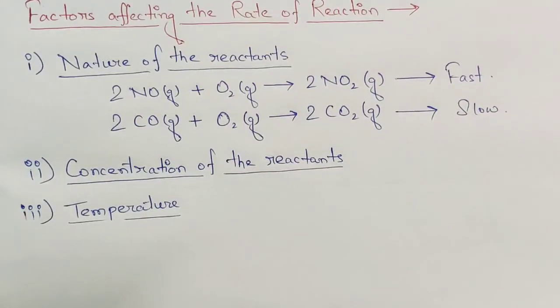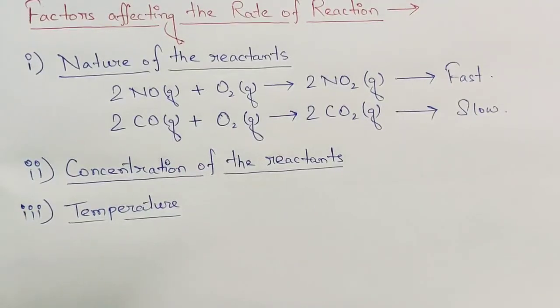In general, with increase in temperature, the molecular kinetic energy increases, so the reaction becomes faster. So the rate of reaction increases with the increase in temperature. In most cases, the rate of reaction becomes nearly double for a 10-degree rise of temperature. In some cases, the reactions do not take place at room temperature but take place at higher temperatures. So temperature is another important factor that affects the rate of reaction.